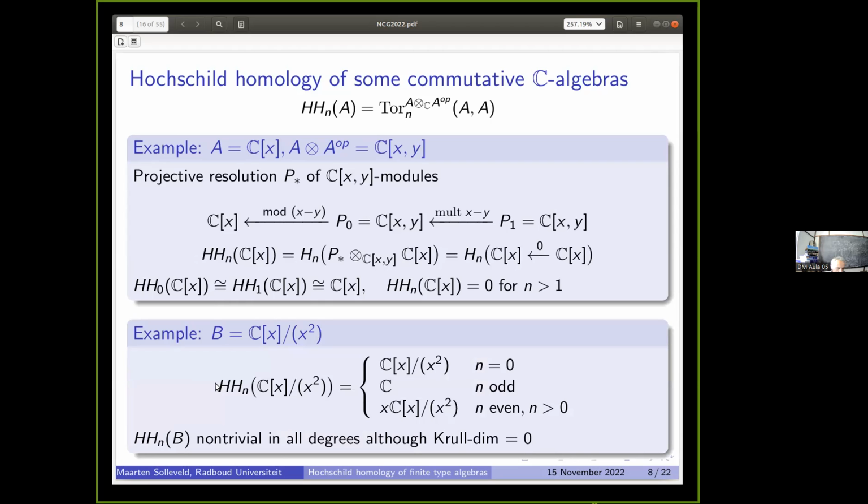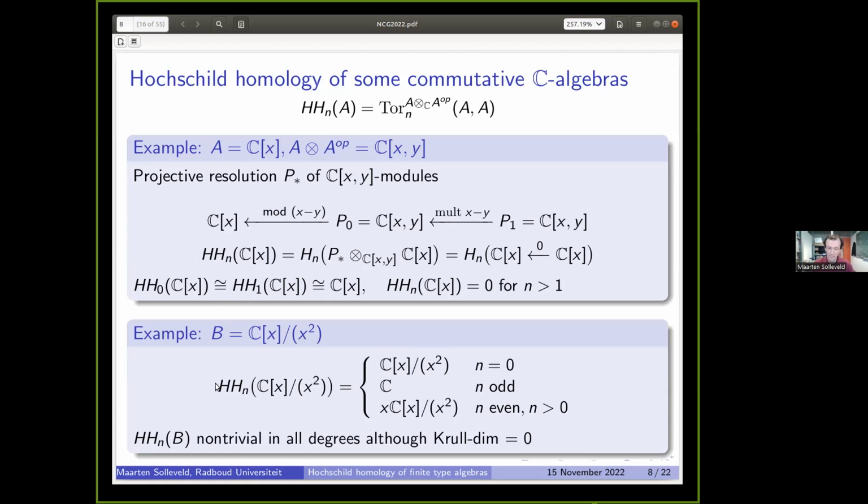But just one comment: the fact that the Hochschild homology is non-zero in all degrees tells you that the algebra is singular. The fact that the Hochschild homology of this algebra doesn't vanish in infinitely many degrees is telling you that the algebra is singular.